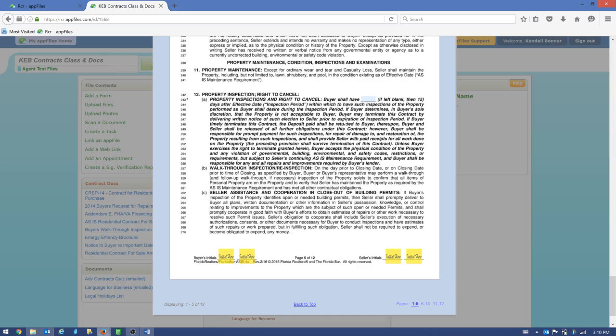Okay, so section 12, let's read this together. Buyer shall have blank, if left blank, then 15 days after effective date within which to have, and we'll stop here. So this first blank here, don't ever leave it blank. I know it says if left blank then 15, but what happens if you leave it blank, the seller's not happy with 15 days and they write in 10? Is that going to be drawn to your attention? Are they going to initial? Probably not.